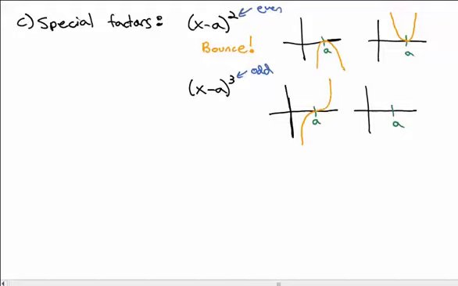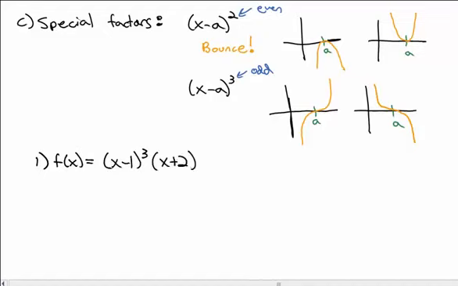So instead of just going straight through, depending on which direction we're coming from, it's going to level out and flatten and then continue on through. So an example of this happening would be if f of x equals (x minus 1) cubed times (x plus 2) squared.